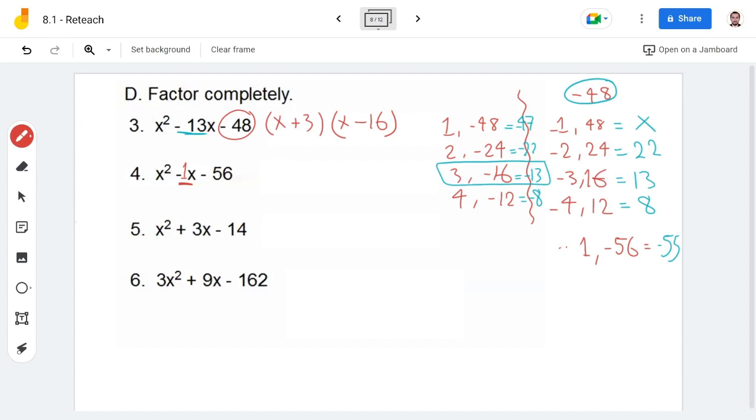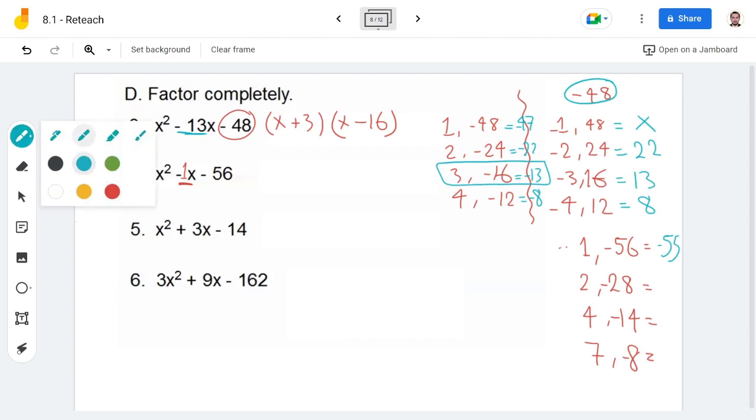Now let's find other factors. We have 2 and 28, and also 4 and 14, and 7 and 8. All of these are negative, so maybe we get the positive number or the negative number.